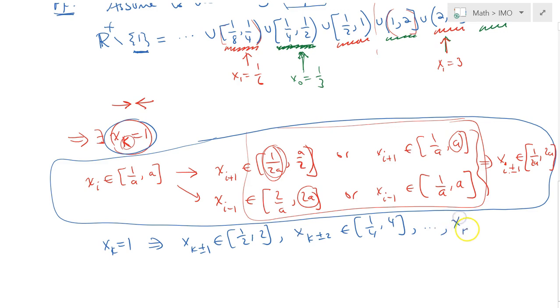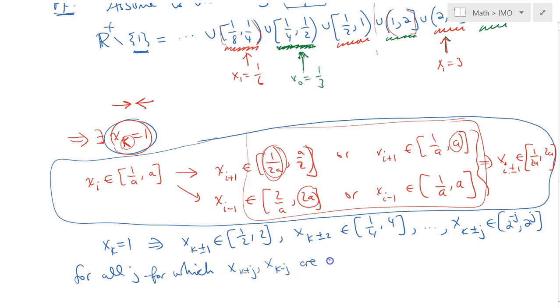So x sub k plus or minus j would be in the interval 2 to the power minus j to 2 to the power j, for all j for which x sub k plus j and x sub k minus j are defined.